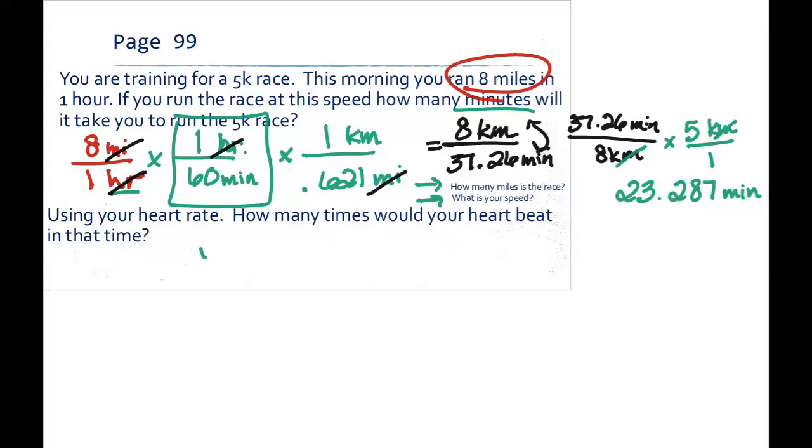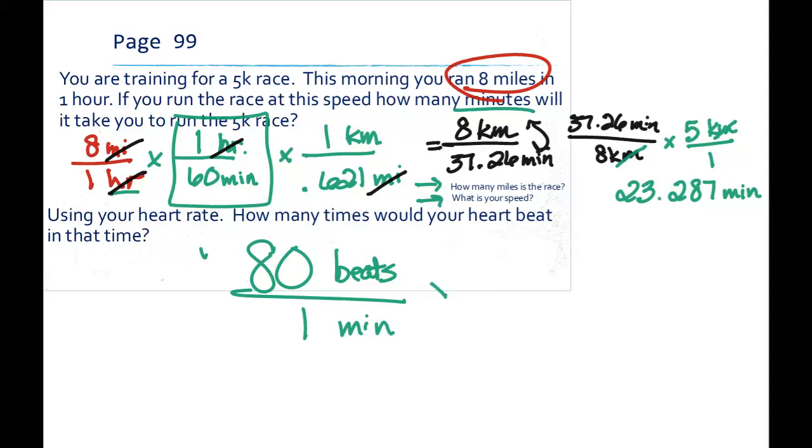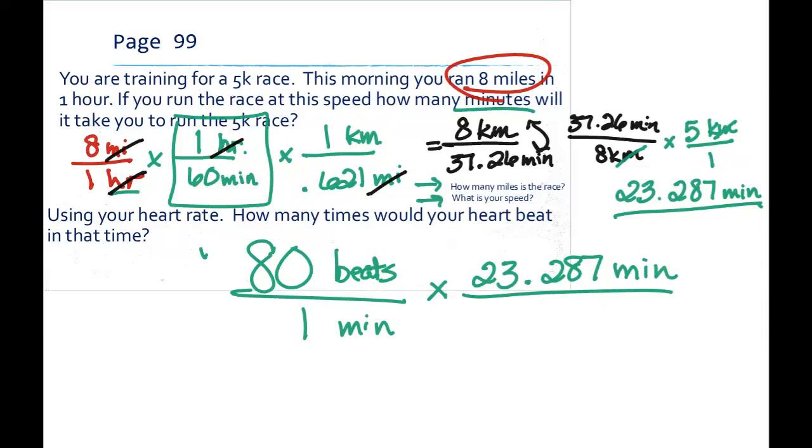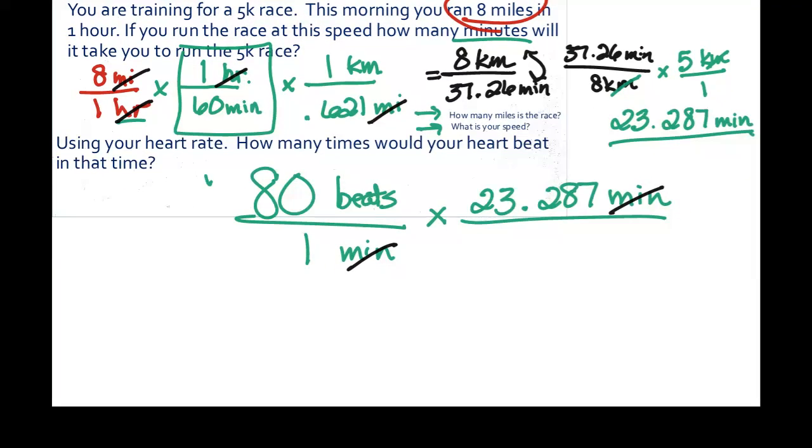So you would take your heart rate, whatever it is. Again, mine was 80 beats per 1 minute. And if we are running this in 23 minutes, I'm doing this times 23.287. Again, you want the minutes to cancel out. And that's going to tell you how many beats total for running that race.